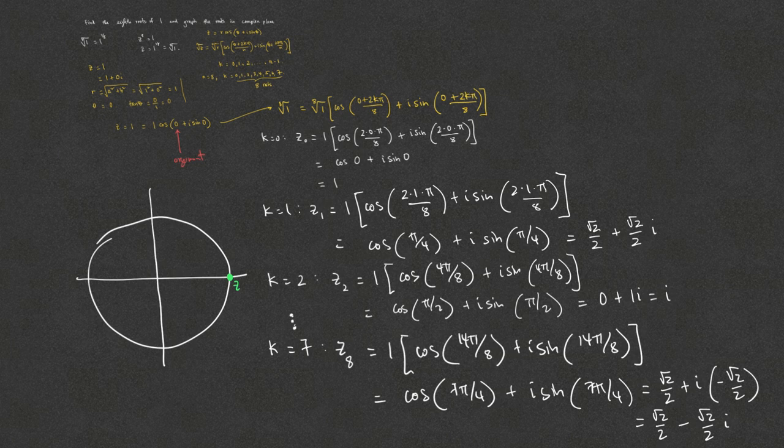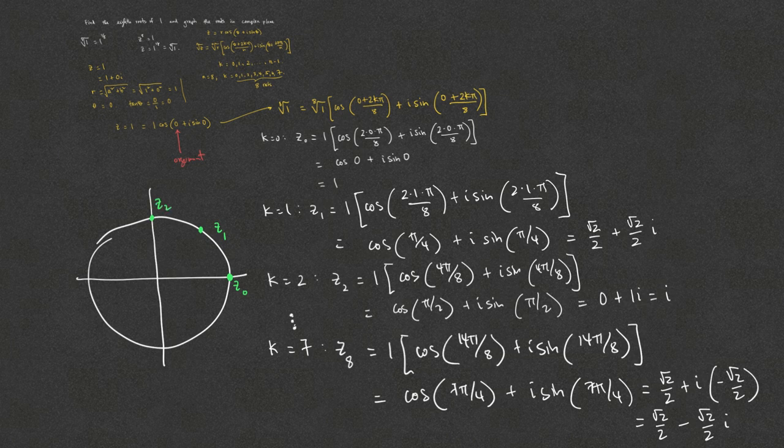This is the first solution, z sub 0. Root 2 over 2 plus root 2 over 2 i is the second solution, z sub 1, with the angle pi over 4. The third solution, z sub 2, is at the angle pi over 2.